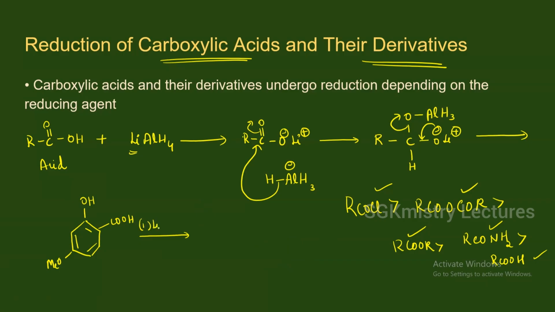If it is treated with lithium aluminium hydride followed by hydrolysis, this acid group is reduced. The OH remains as such, the methoxy group remains as such, and COOH is reduced to alcohol, so CH2OH.